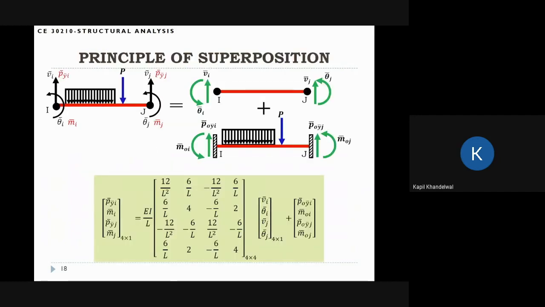In the previous slide, actually, we have not included member forces. So in general, what can happen? There can be some forces, for example, some distributed traction and some point loads that might act on a beam element. Okay, and to include the effects of these forces, we are actually going to use the principle of superposition that we have used earlier. So what we are interested in are these forces here, Pyi, Mi, Pyj, Mj.